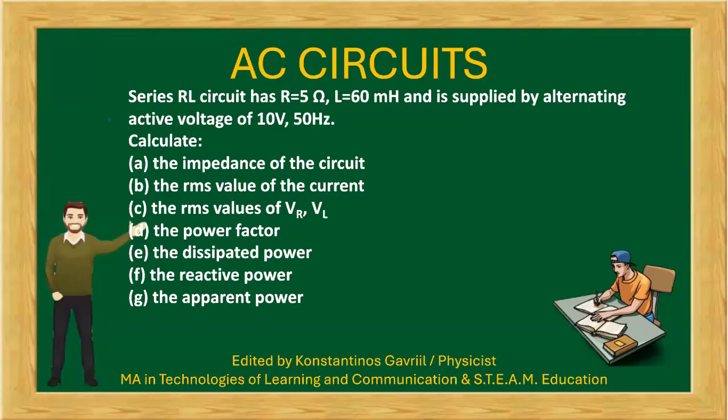Let's have an example now and explain a few quantities such as power factor, dissipated power, reactive power, apparent power through this example. I will present you these quantities: the reactive power, the apparent power, the dissipated power, the power factor, the RMS.